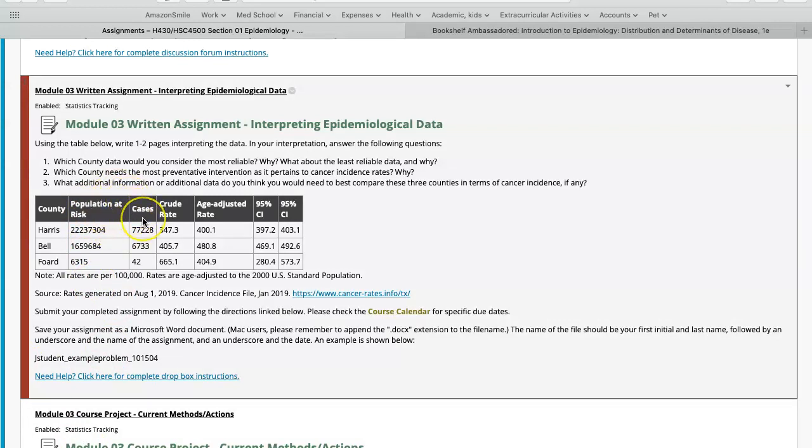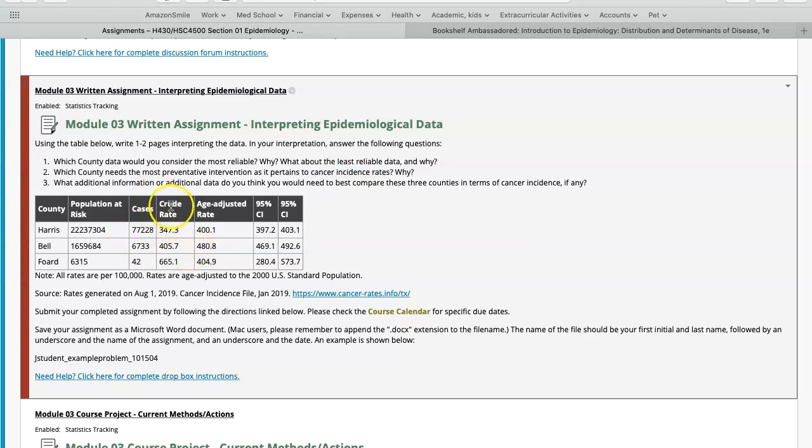Our next column is going to be the case counts. Now, this table, if you look here, is discussing cancer incidence rates. So, these will be the counts or incidences of cancer in each county.